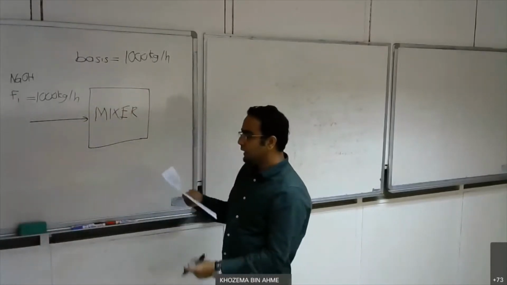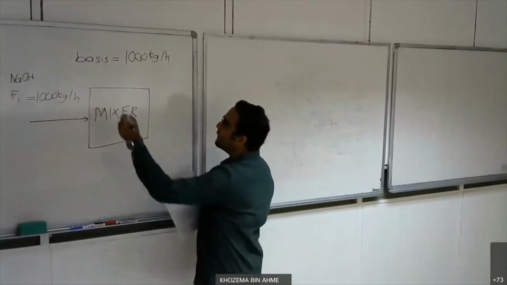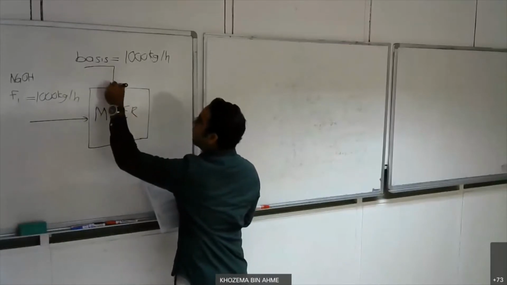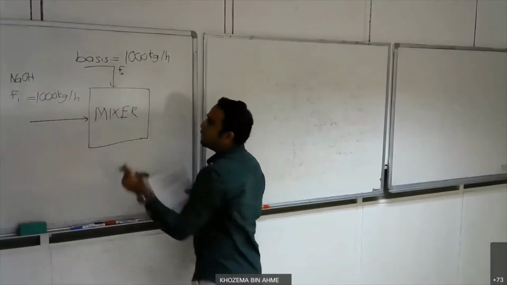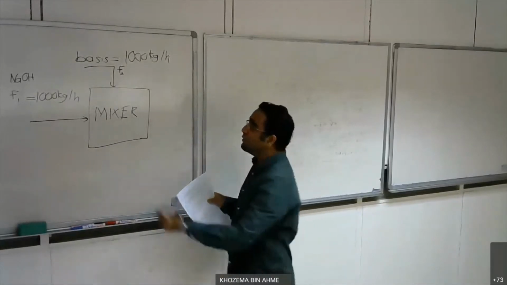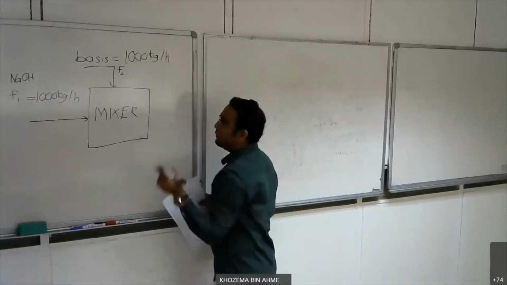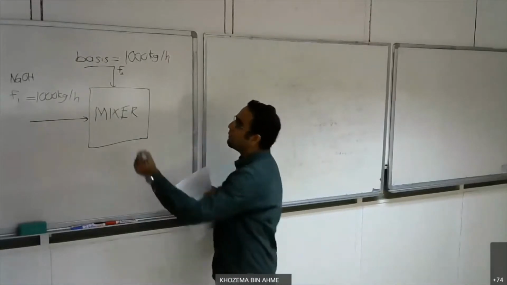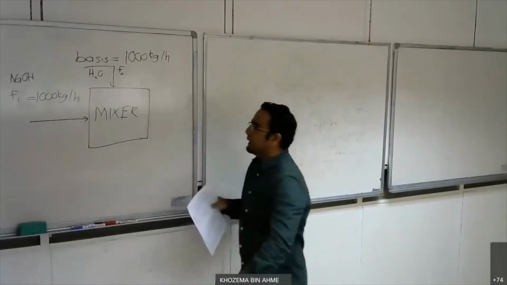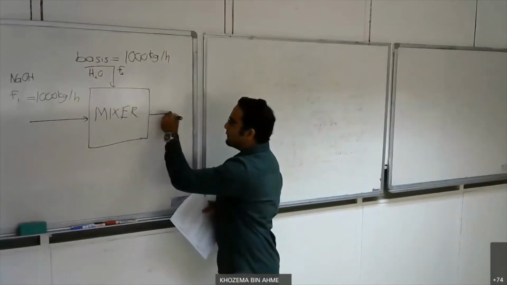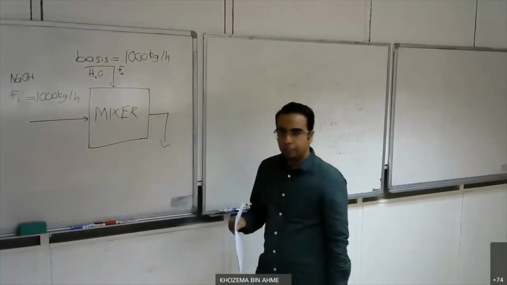Okay, and then I have a second feed coming in, which is my feed of water. So I can put here F2, and the value I don't know, so I just put F2. Okay, but I know that this is the stream for H2O.